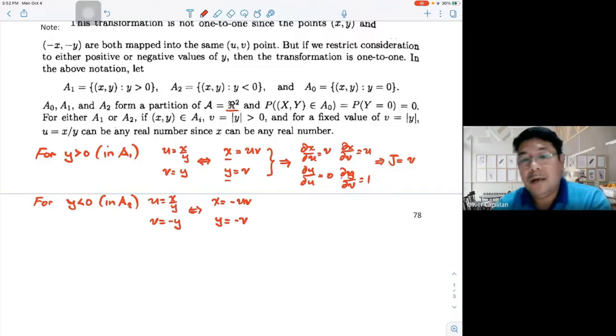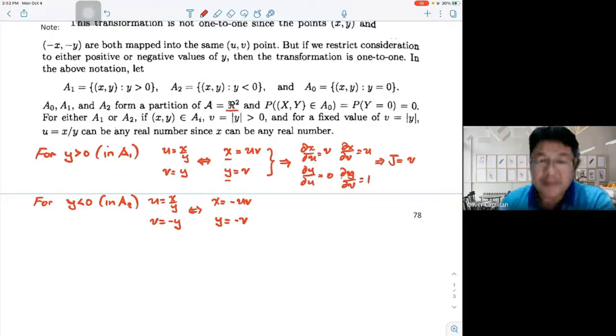Again, for any u and v, there exists only one ordered pair x, y such that u is equal to x over y and v is equal to the absolute value of y. So there exists a one-to-one transformation from A sub 2 onto script B. Hence, the inverse function exists.